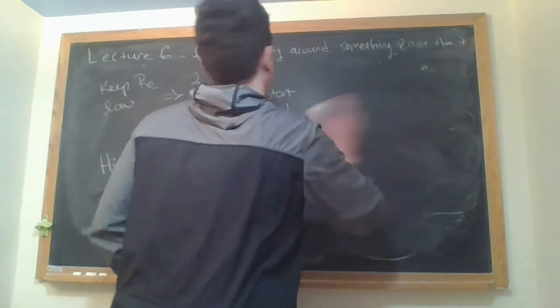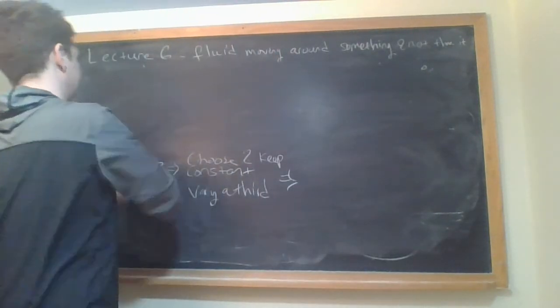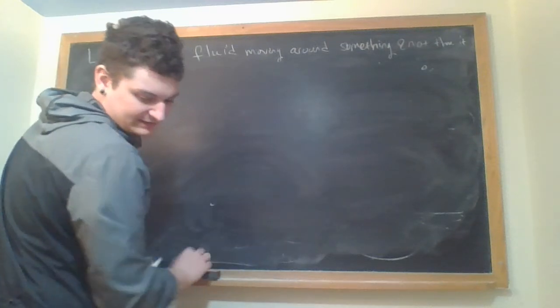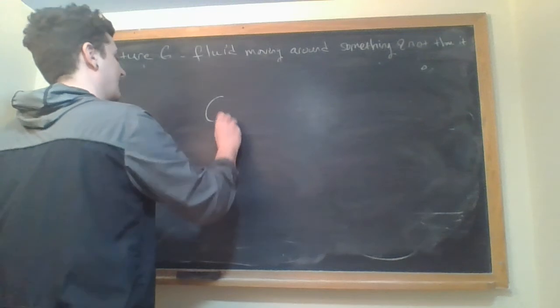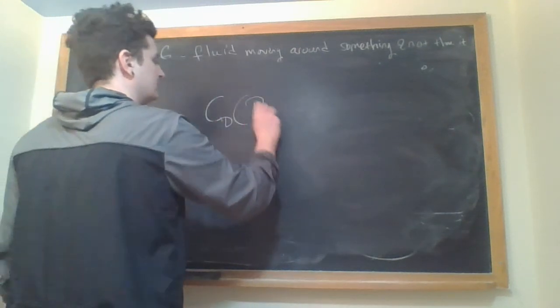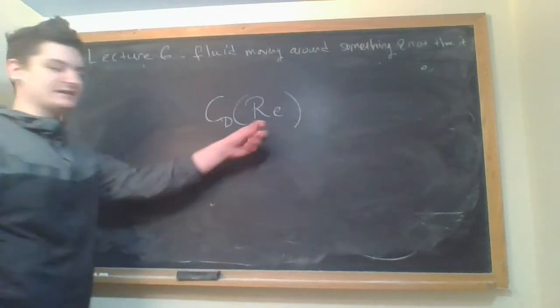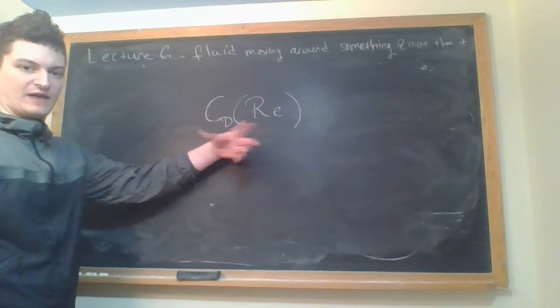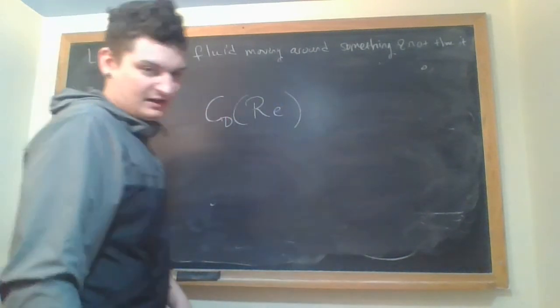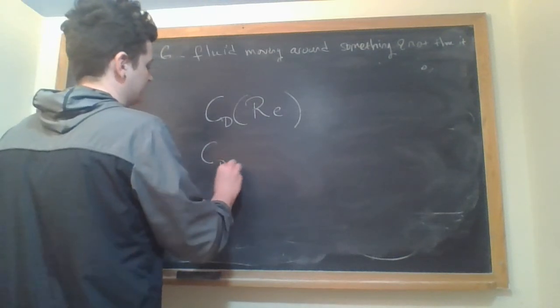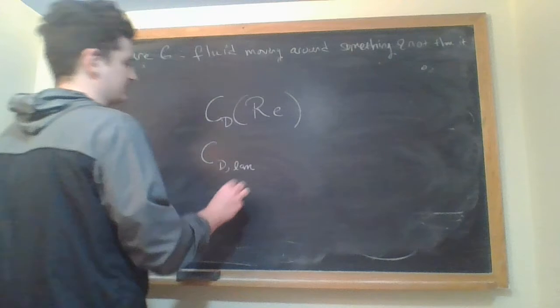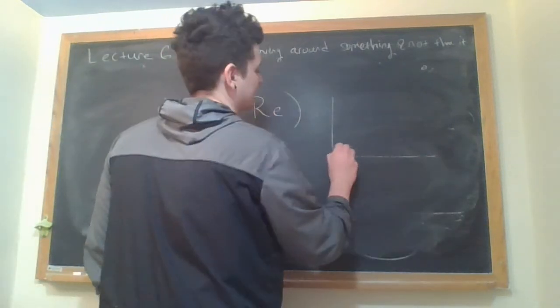Just like the friction factors for internal flows, this constant or coefficient of drag makes sense that it's a function of the Reynolds number, of how this external flow is behaving, right? So it makes sense that we're going to have a coefficient of drag for laminar, because there was this situation here when we did these measurements.